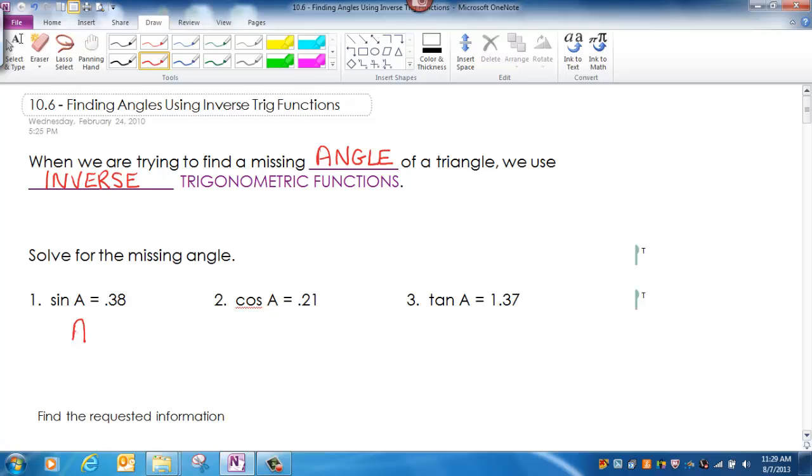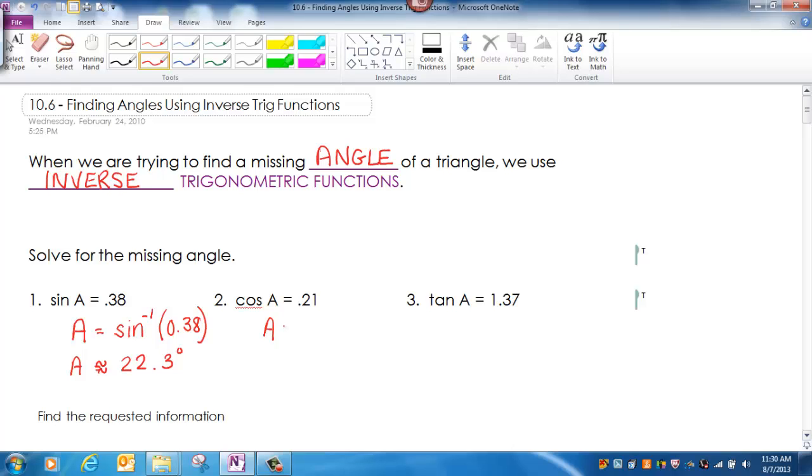So the measure of angle A equals inverse sine of 0.38, and we need our calculators to type that in and give us the degree measure. We can also round this to the nearest tenth, so this comes out to be 22.3 degrees approximately.